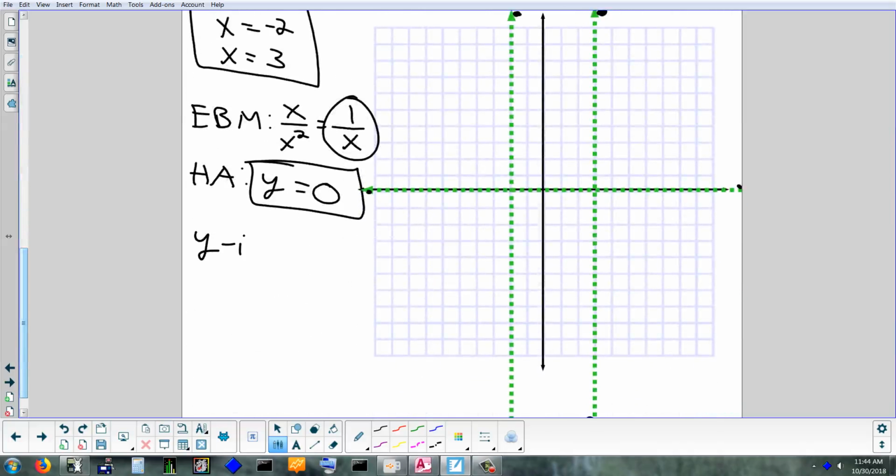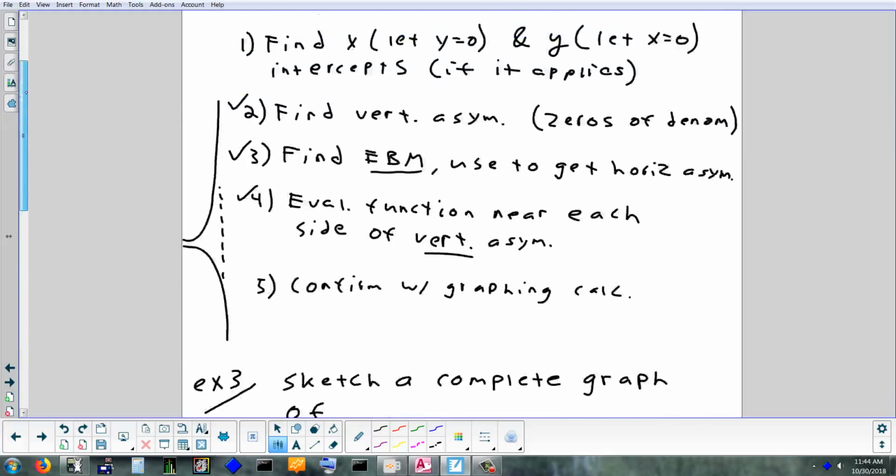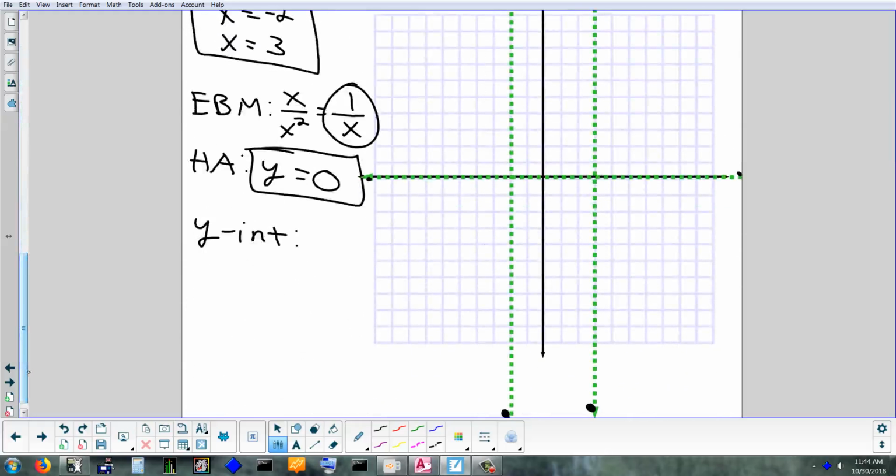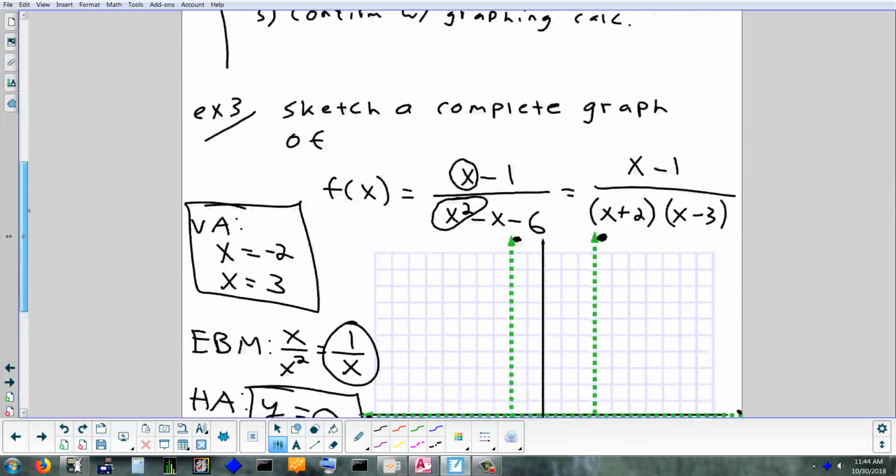So the y-intercept, that's when you plug in 0 for x. That's how you find the y-intercept. So the y-intercept is going to be 0, comma, something. Right? Let's plug in 0 and see what we get.